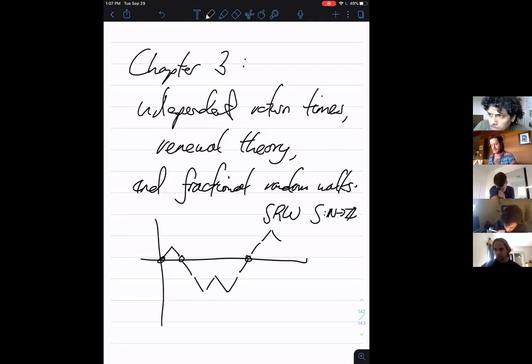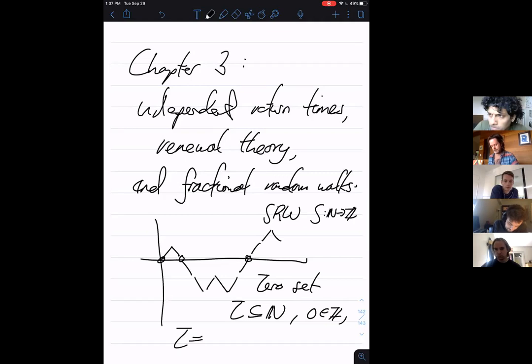So, the 0 set, if it's called Z again, is obviously a random subset of the natural numbers that contain 0. We start our process at 0. Then we're considering, beginning from that point, the further points at which we return.